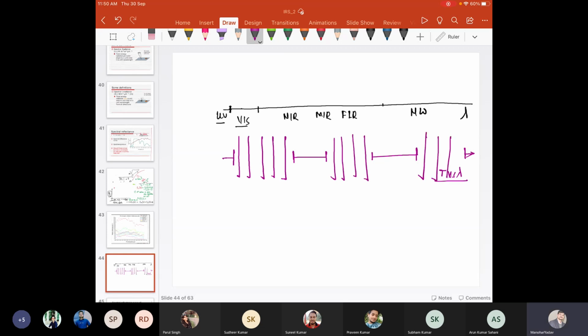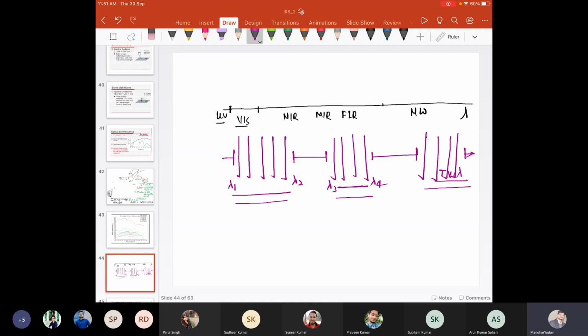The direction of these arrows shows that, let's say, this is lambda 1 to lambda 2; there is availability of atmospheric windows. Then lambda 3 to lambda 4, there is availability of atmospheric windows. I think this is around the thermal band in this region. In this region, we have VIS and near infrared.